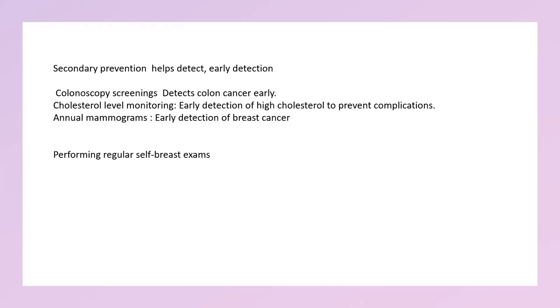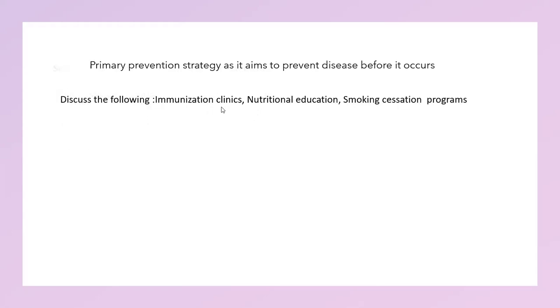That's another intervention that someone can be screening to see if there are any breast abnormalities. Cholesterol level monitoring, drawing that blood to see what that cholesterol level is, to see what that hemoglobin and hematocrit is. All of that is screening. Colonoscopy screenings detect early colon cancer.